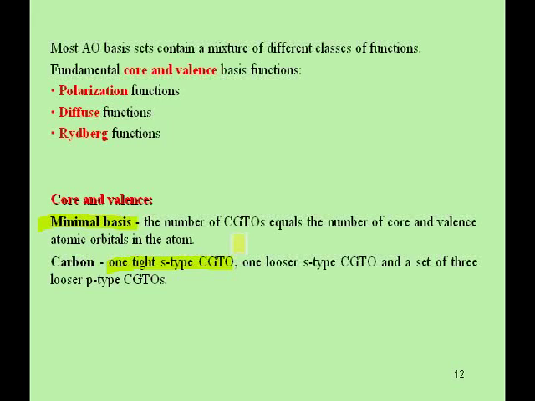It might be a combination of Gaussian functions, but it's one contracted, tight, Gaussian-type orbital of S symmetry. And you'd call it the 1s basis function. There'd be another S function that also could be a contraction of two or more Gaussian primitive functions, and it also would be of S character. It would be looser, larger radially. And then there would be one px Gaussian function, one py, and one pz.